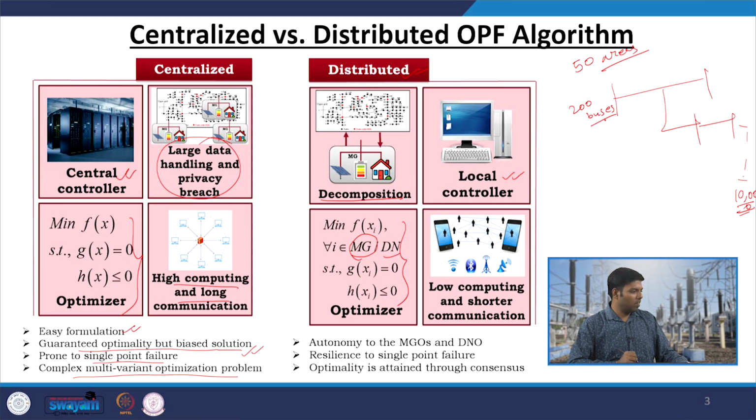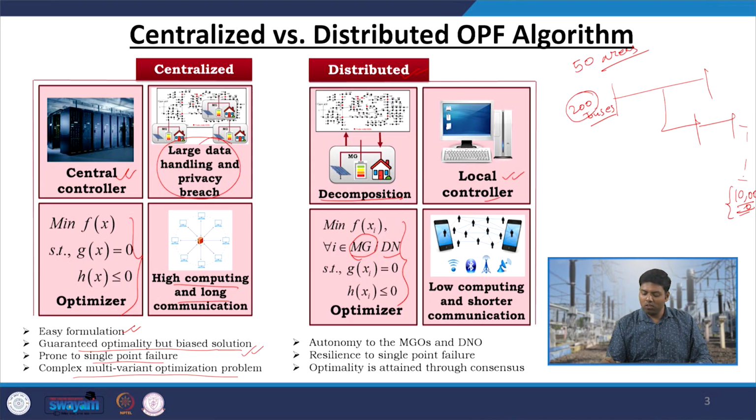If you need to solve 10,000 buses together in a centralized optimization, now in the local controller you just need to solve 200 buses. So the size of the problem has become 1/50th.